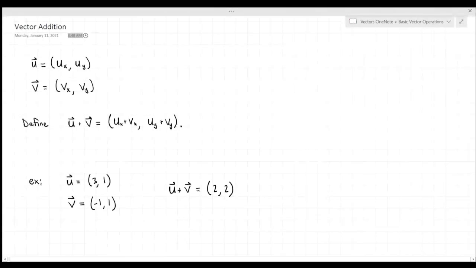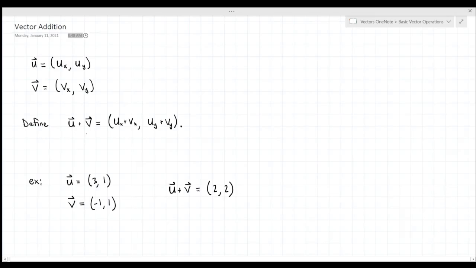So I want to talk about how to do some math with vectors now. I'm going to start with vector addition, how to add two vectors. Suppose that we have two vectors u and v, and here I'm assuming they have just an x and a y component.